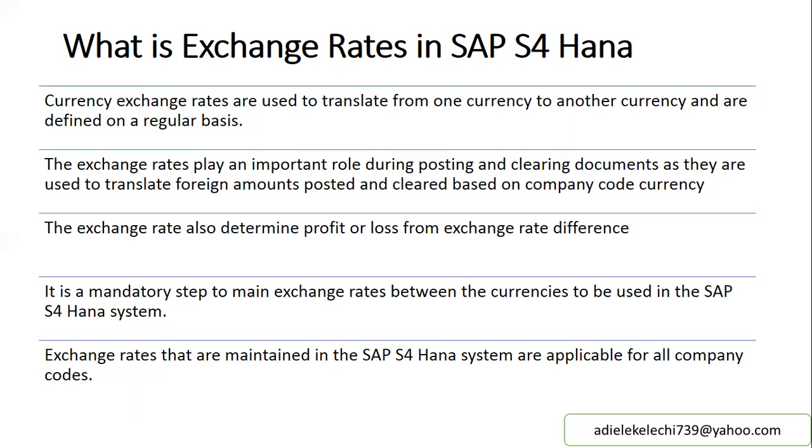For example, with the company code currency in naira, you can create an invoice for your foreign customer at an exchange rate. For example, that transaction would have been done at 500 naira for one USD in this month. But probably at the end of the month, the value of that currency has either gone up or come down.